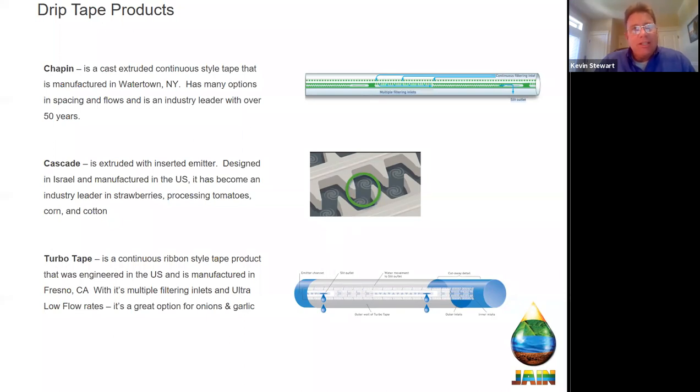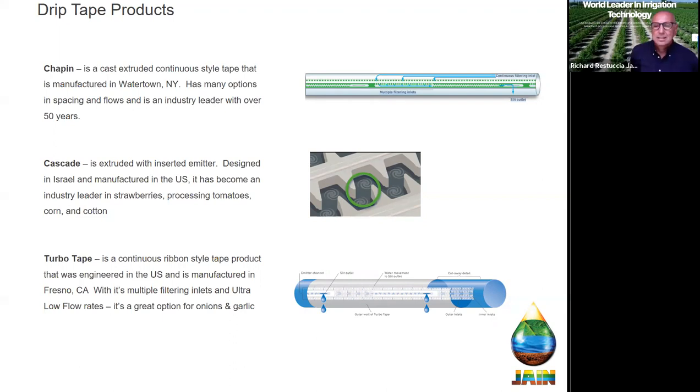It's a continuous style drip tape, which means you've got a number of inlets and a pathway that runs the complete line of the drip tape, and comes in a number of different spacing and flow rates and mil thicknesses. It's really been an industry leader in the veggie market, and also in fruit, strawberries, and other crops.